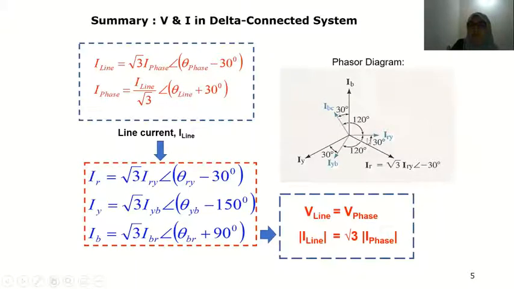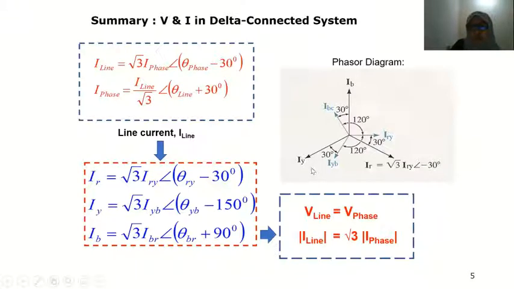If we take the first phase current, IRY, as a reference, reference means it contains the magnitude with 0 degree angle. From the definition of the I line in terms of I phase, we know that your IR is equivalent to square root 3 IRY, lagging by 30 degree with your phase current here.